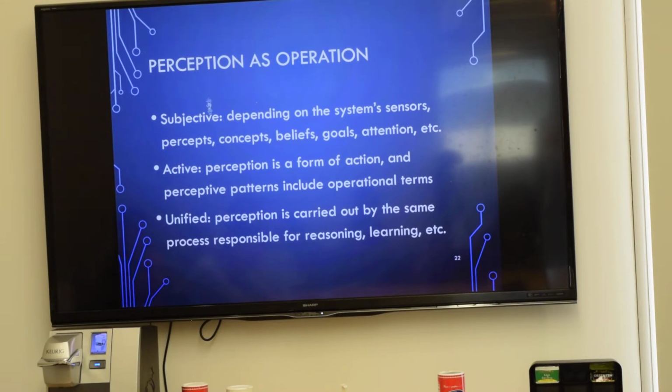Perception is not a way to represent the world as it is. Instead, it's a way to represent the world as you see it. Why? Because what you get depends, of course, on the sensor, what type of sensor you have. Not only that, it also depends on what kind of concept you have in your mind. What's your current belief?